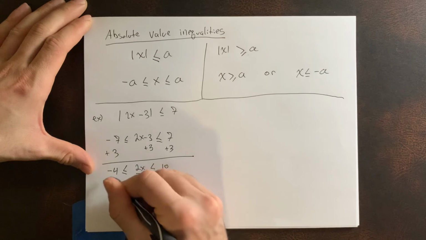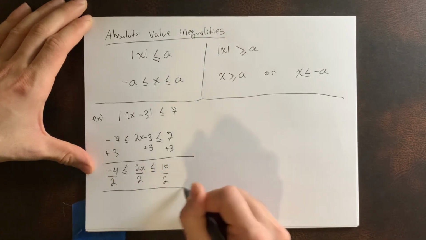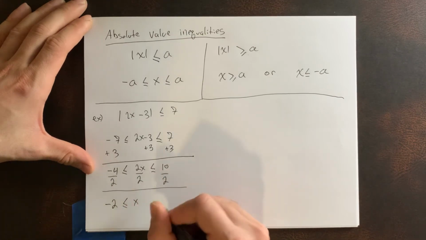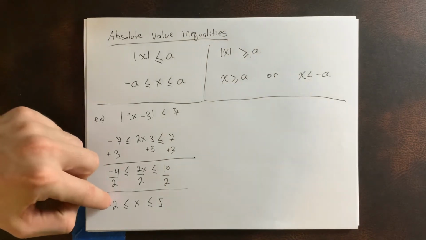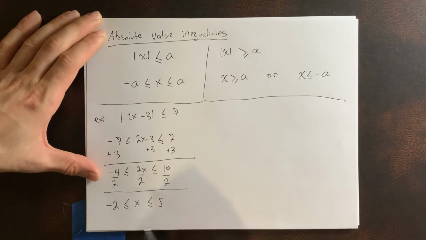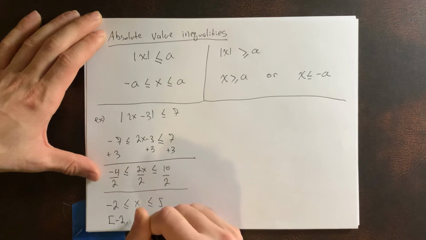And here we're dividing by a positive number, not a negative number, so the signs stay the same. Over here we're going to have a minus 2. In the middle, we're going to have an x. And on this side, we're going to have a 5. And if this was going to be into an interval, this is x is bigger than or equal to minus 2 and less than 5. So minus 2 all the way up to 5.